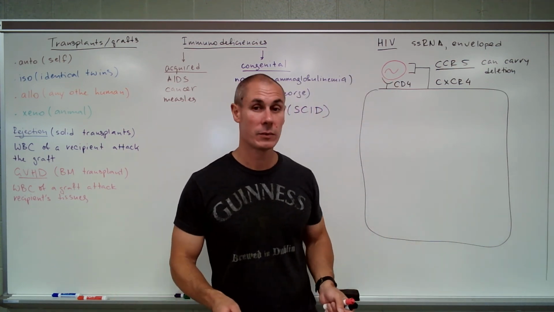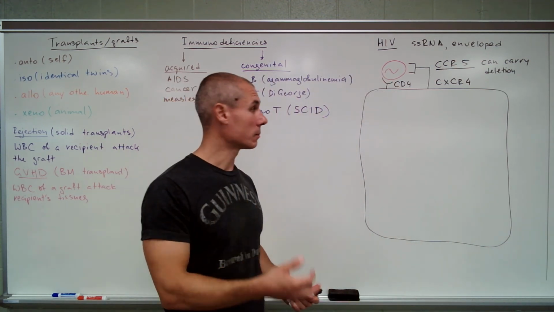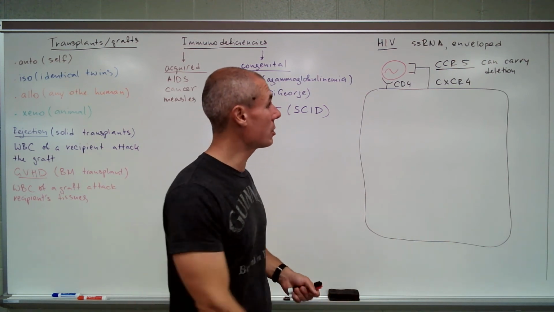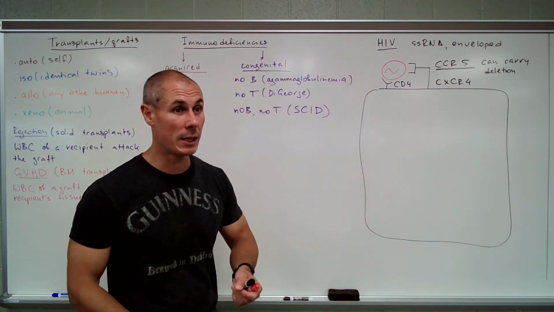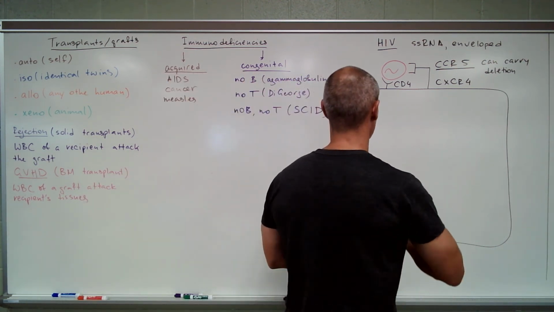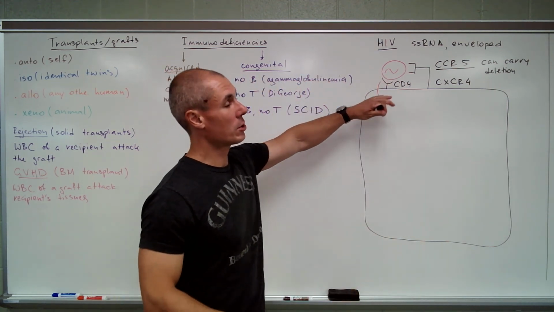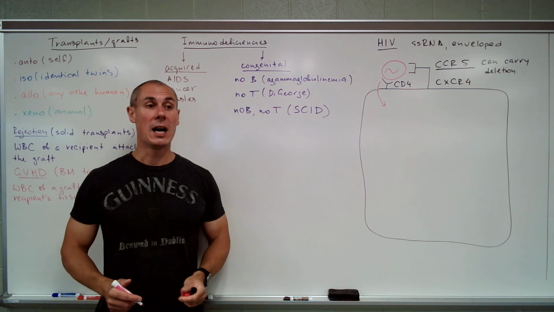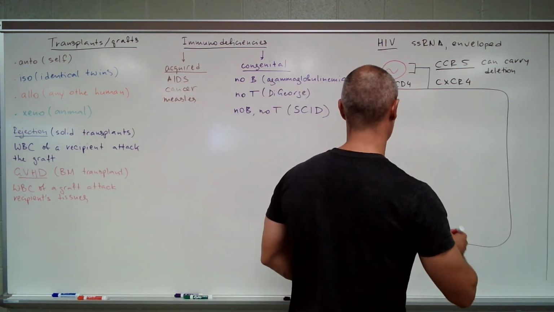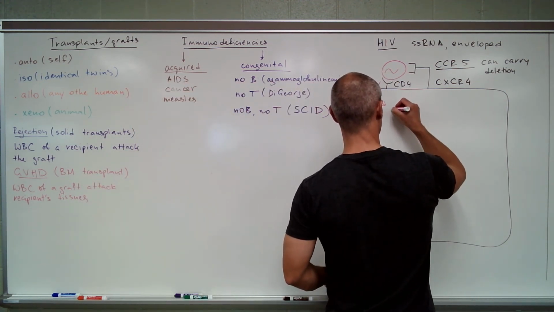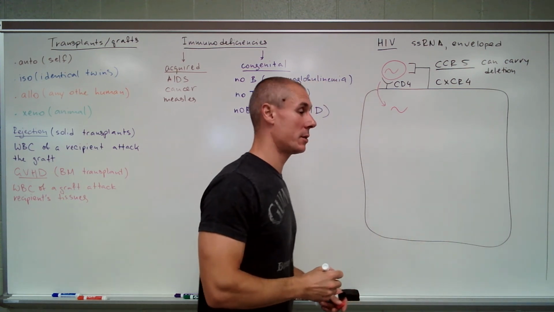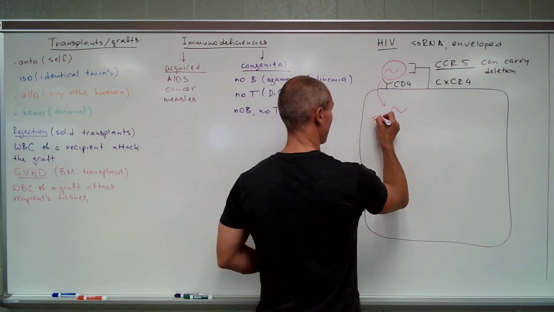Does that make sense? So let's say the virus gets into the circulation and infects CD4 T cells. So what happens next? Well, the virus gets into the cell, a process often referred to as attachment and fusion, and then it releases its single-stranded RNA.